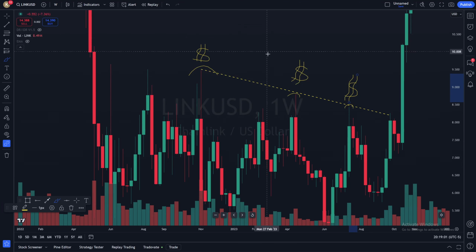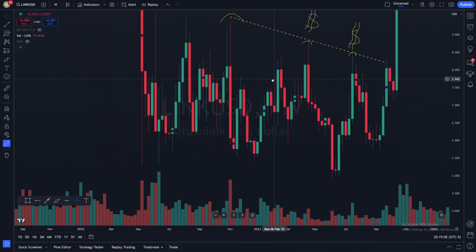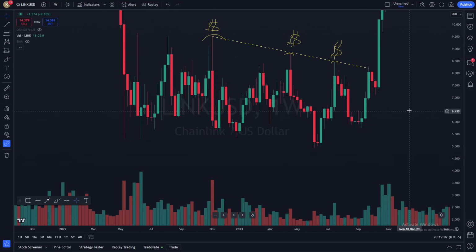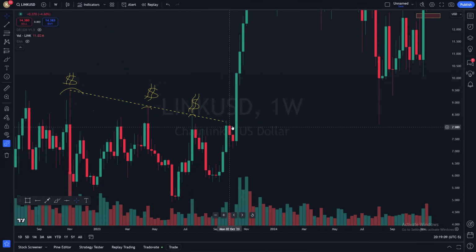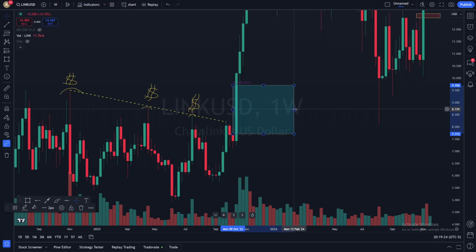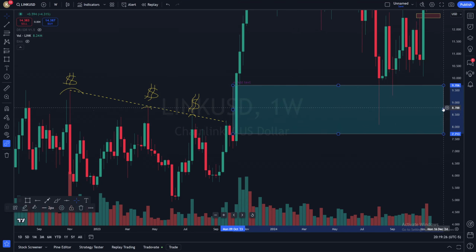Okay, so let's take a look and see what happened here. As the market broke above, these swing highs are now areas that the market can potentially come and retest for our buying entries. Now we have displacement here on a weekly chart. I'm just going to draw this across.